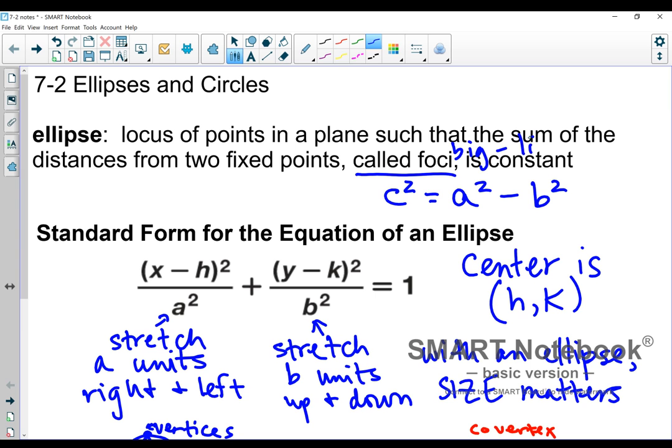So we have big minus little. And so I don't worry a lot about which one's A and which one's B. I just make sure that I'm subtracting so that I get something positive. So again, A and B are going to come from these denominators over here. The foci is that distance. The foci is that part of the definition where we're talking about how we create an ellipse.